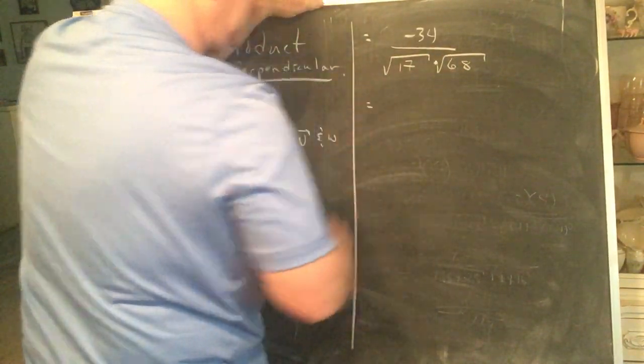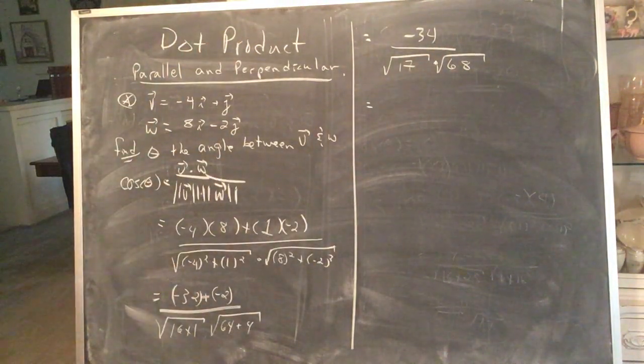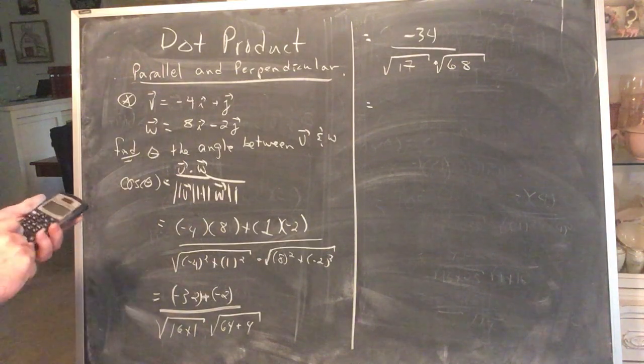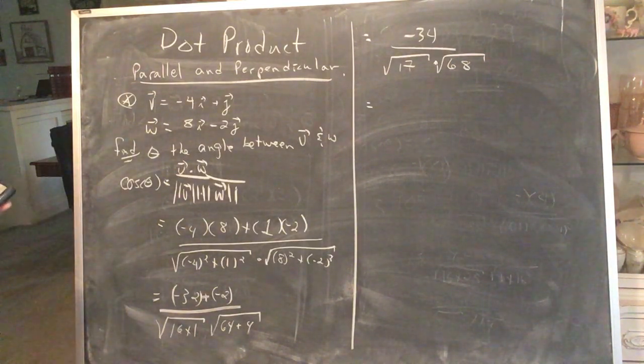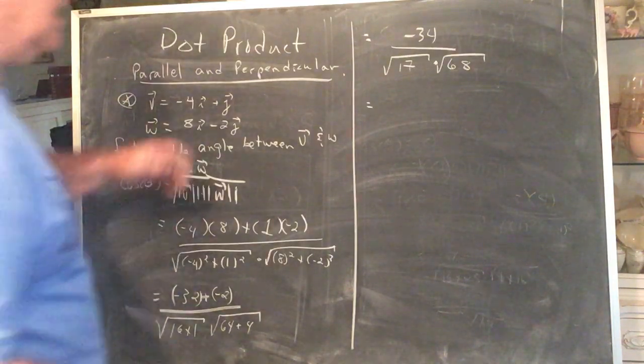Now you can simplify this several different ways. The most straightforward is just take a calculator and work that out. We know from our property before that 17 times 68 is 1156.